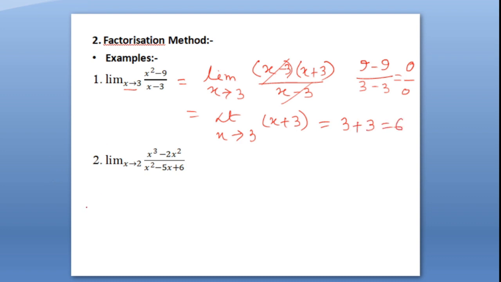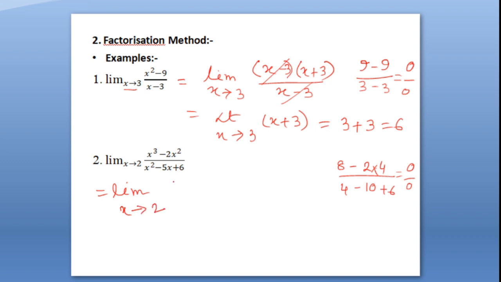This is the process. Next, again for this sum, first we put 2 here. For x cube, that is 2 cube, that is 8, minus 2 into 4, that is also 8, then 4 minus 5 into 2, 10 plus 6, and we can see it is also a 0 by 0 form. Therefore we cannot directly put the value. Again we check for factorization.